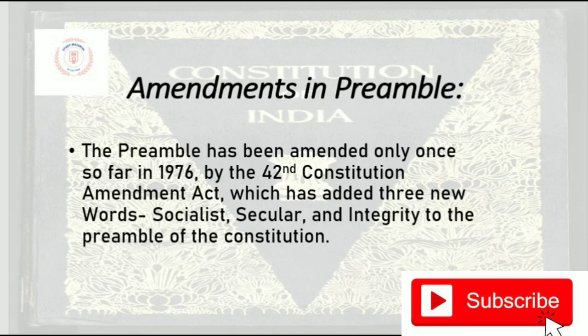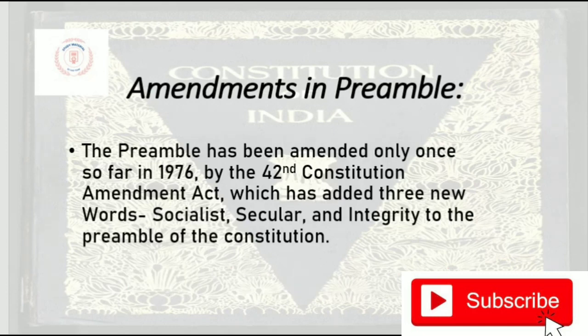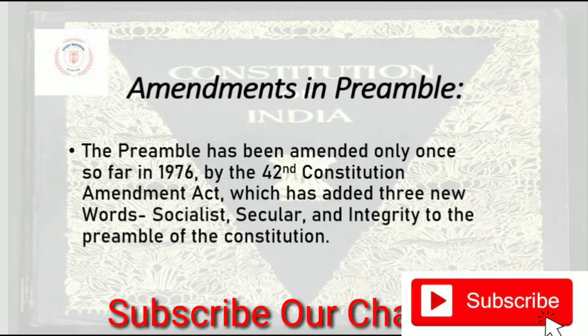Yes, the preamble has been amended only once so far, in 1972, by the 42nd Constitution Amendment Act. This is very important: the 42nd Constitution Amendment Act is also known as the mini constitution. In this amendment, three new words were added in the preamble: socialist, secular, and integrity.